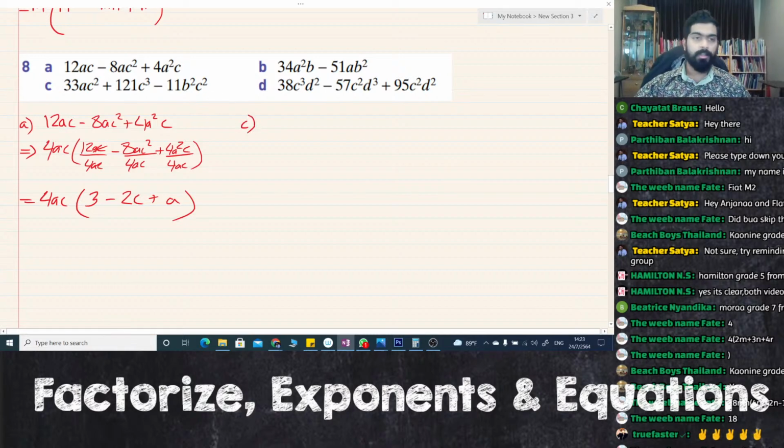We have 33AC square plus 121C cube minus 11B square C square. Now let's go ahead and solve it. I'll give you guys a couple of minutes and then we will do it together.